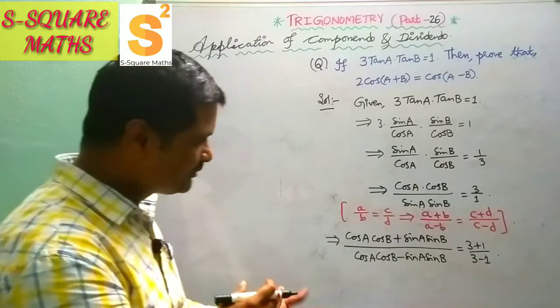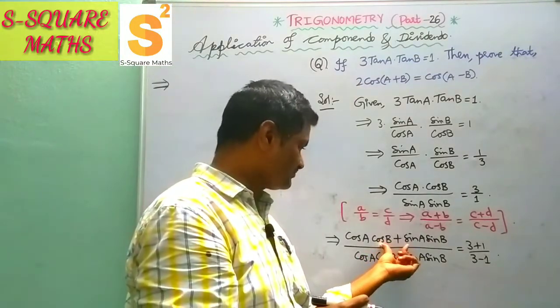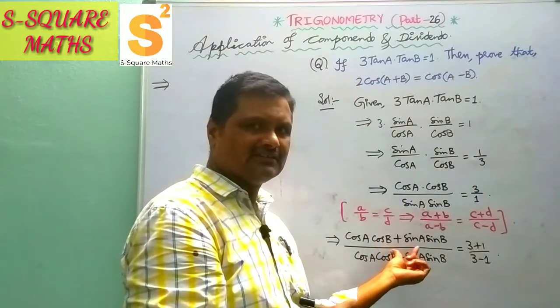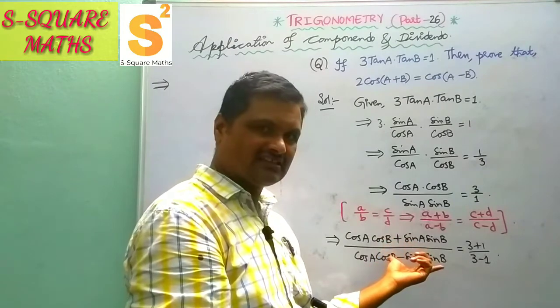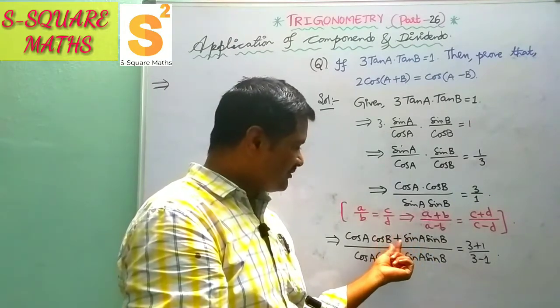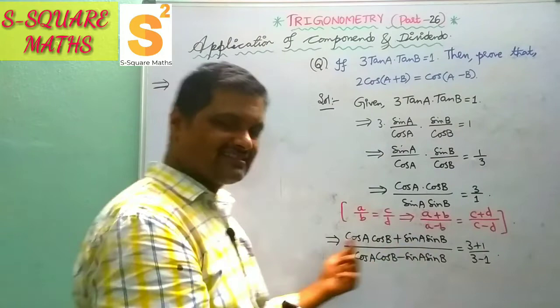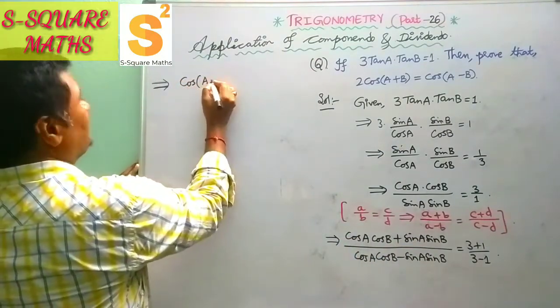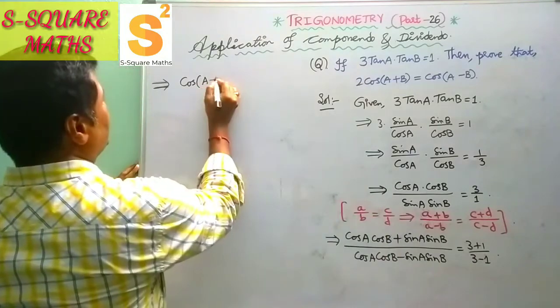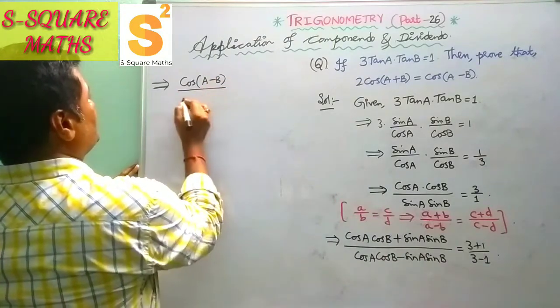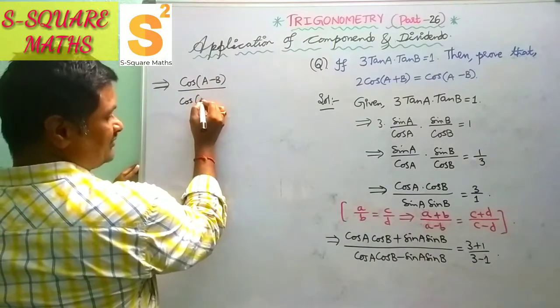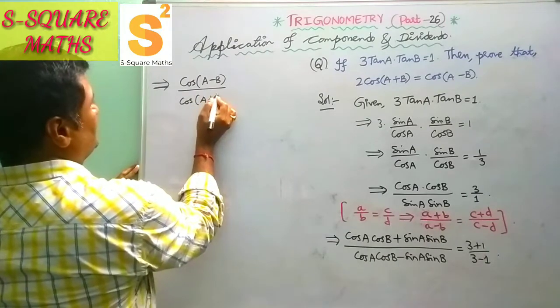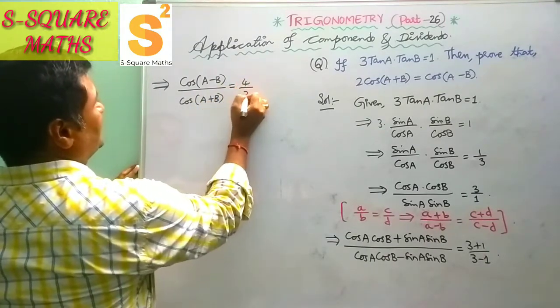If you keenly observe, we have the formula for compound angles. So cos A cos B plus sin A sin B, I can write as cos of (A minus B), and the denominator cos A cos B minus sin A sin B is cos of (A plus B); the right side is 4 by 2, which I can write as 2.